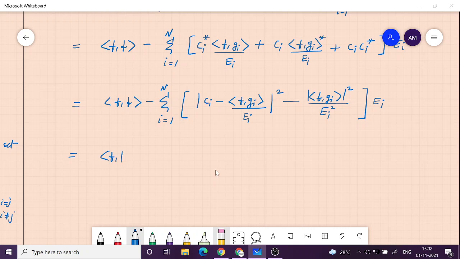Let me write it separately now. So this term is ei into modulus ci minus f comma gi divided by ei, the whole square, and minus minus plus. I think somewhere I made a sign mistake.